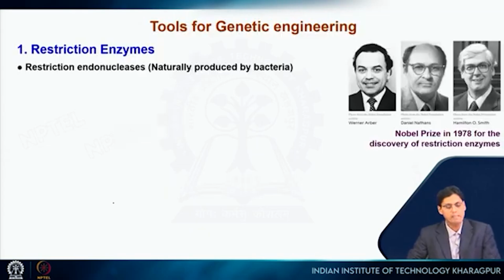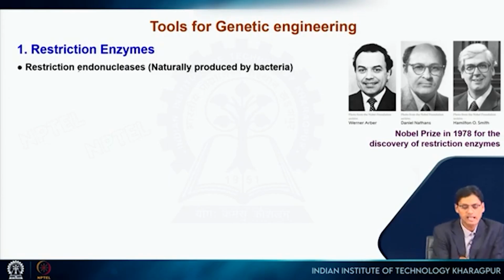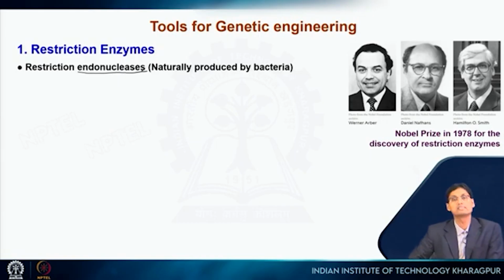So particularly restriction enzymes, those are also commonly called restriction endonucleases. They are naturally produced in bacteria. I would like to mention here that these enzymes are present in some bacteria, not all bacteria, but they help bacteria in their defense mechanism.